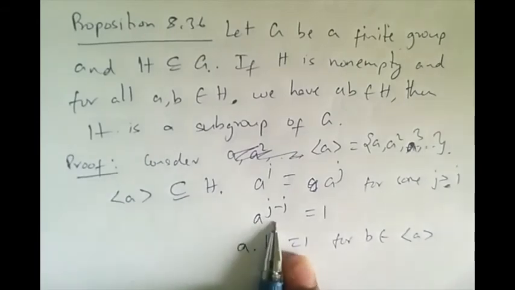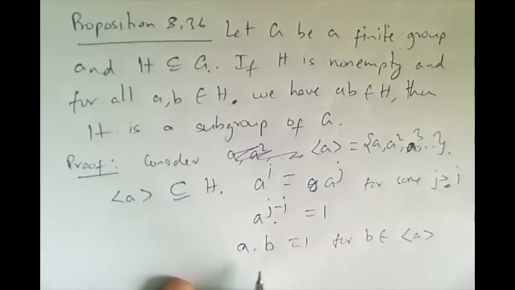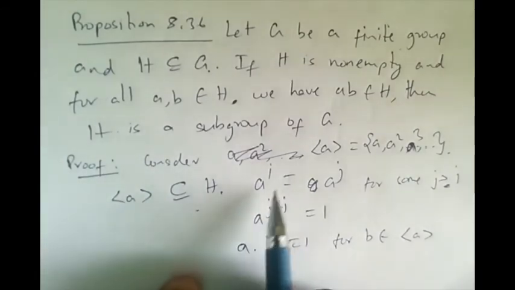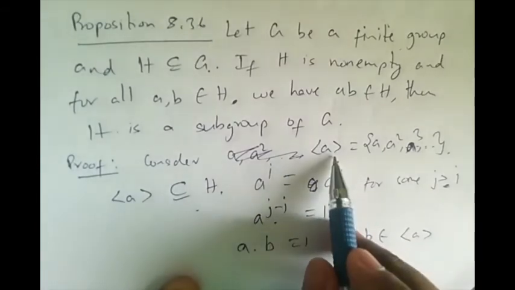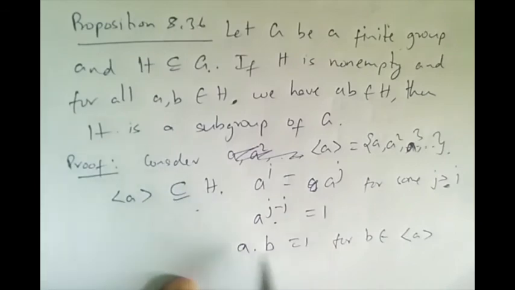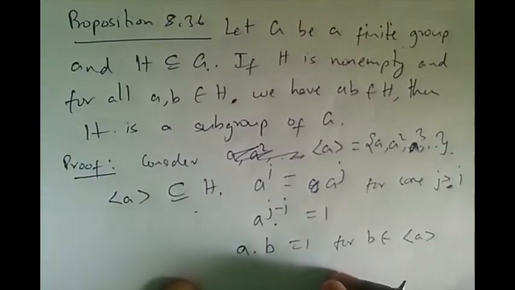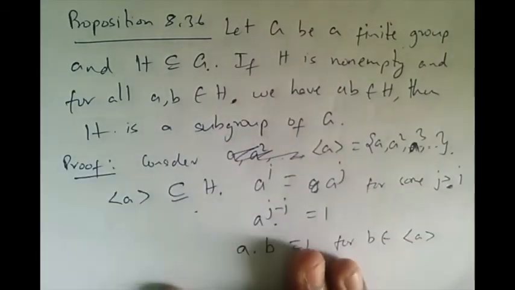There are two cases you have to consider: when J is exactly equal to I plus 1 and when J is greater than I plus 1. I'll skip that discussion for the sake of time. But you can argue that there exists an element B which is also in angle bracket A, and angle bracket A is a subset of H, such that A times B equals the identity 1. Which means that A inverse exists in H and H is a subgroup. So this is the proposition.